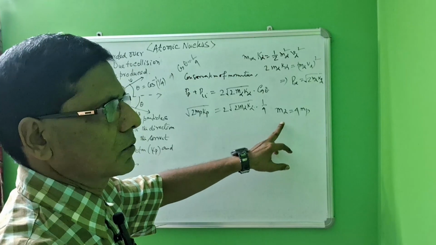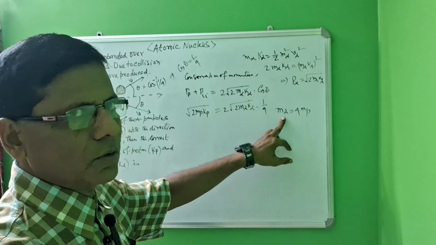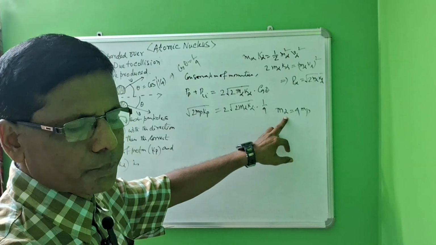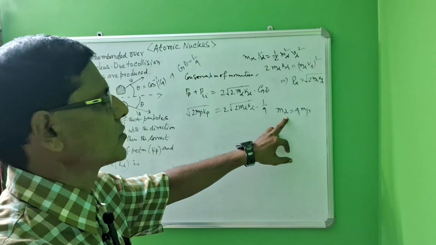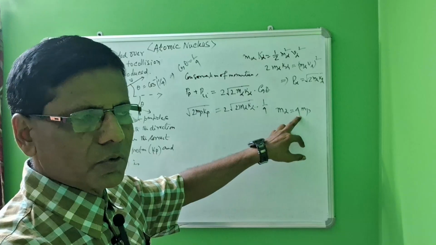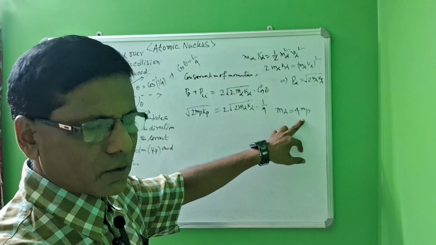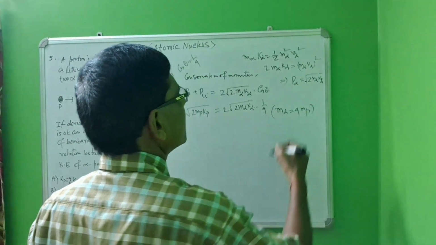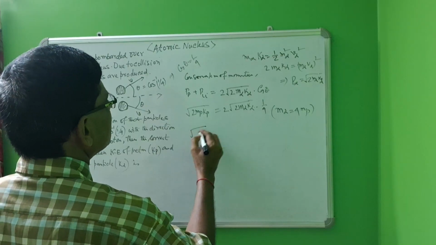The alpha particle is a doubly ionized helium atom, that is the nucleus of the helium atom, and that nucleus is of mass number 4, which is almost the mass 4 mp, because there are 2 protons and 2 neutrons, and protons and neutrons are of almost the same mass, so we can write m alpha equals 4 mp.